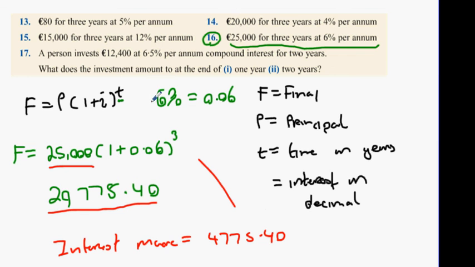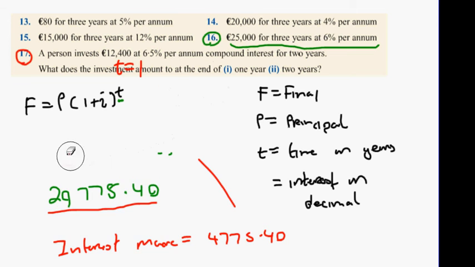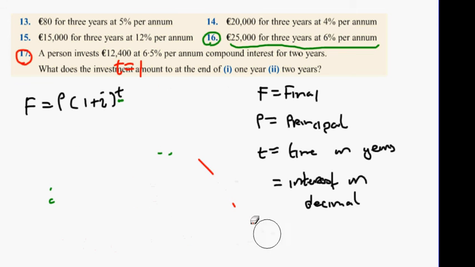Now, see this question here? You do it for 1 year, so you say t equals 1. If you do it for 2 years, we'll do question 17. Okay. So let me show you how to do question 17. Very easy. Okay. So in question 17, same deal.